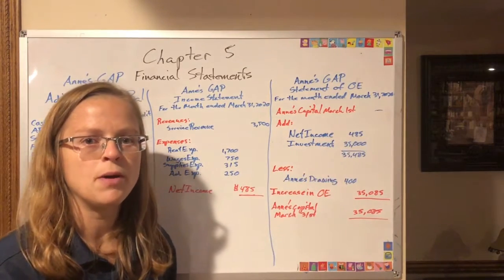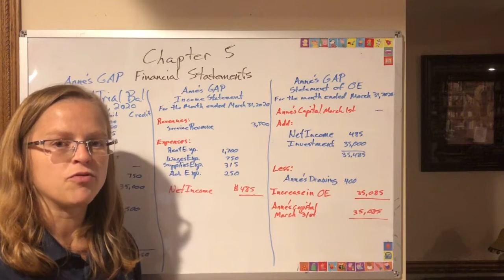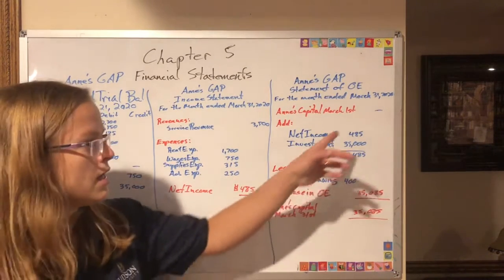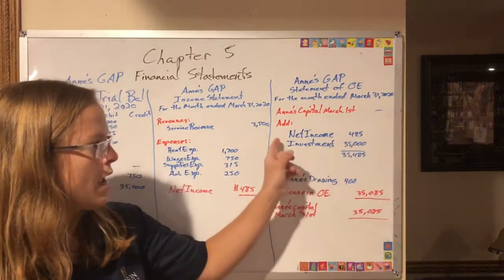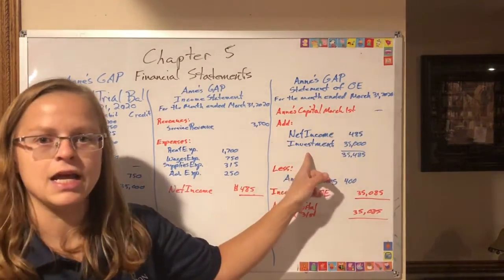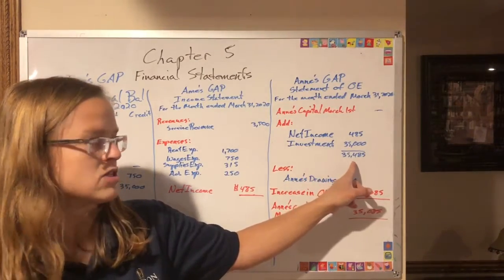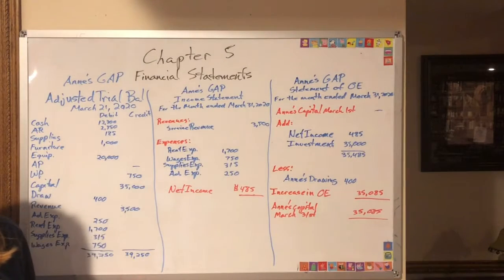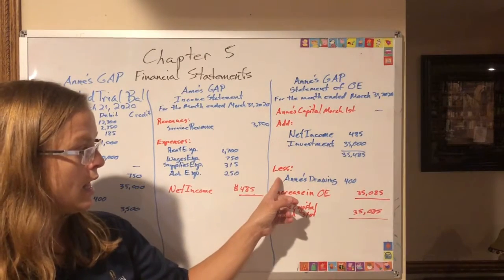So it would show up as the capital from the previous period. All right? But since she didn't, this remains zero, and we add net income and Ann's investment to get $35,485.